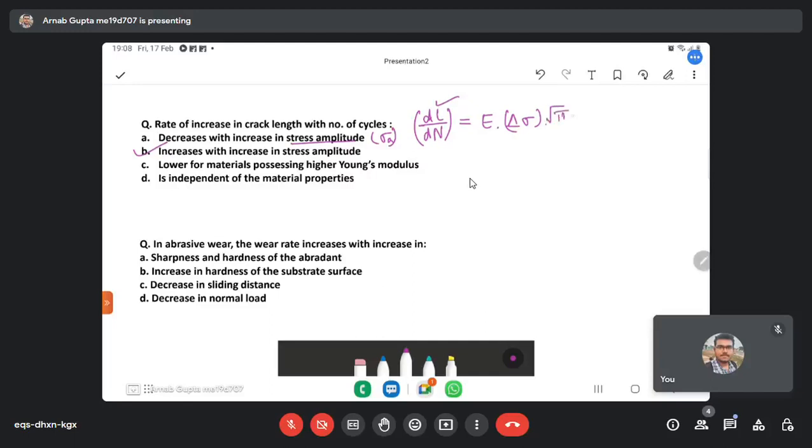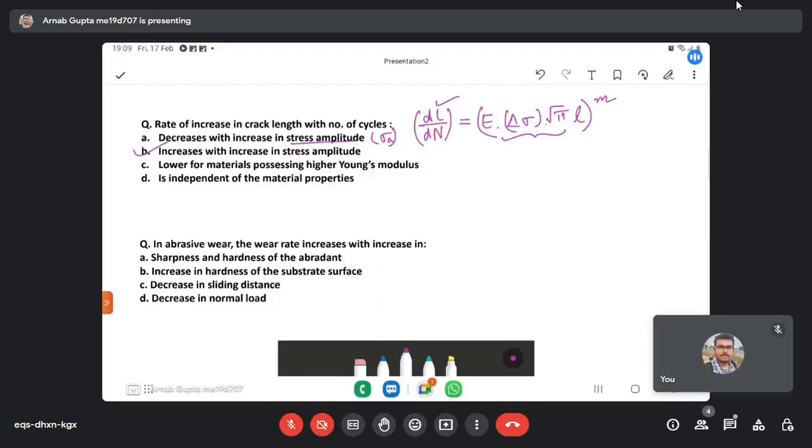Somewhat like this, right? What is this?